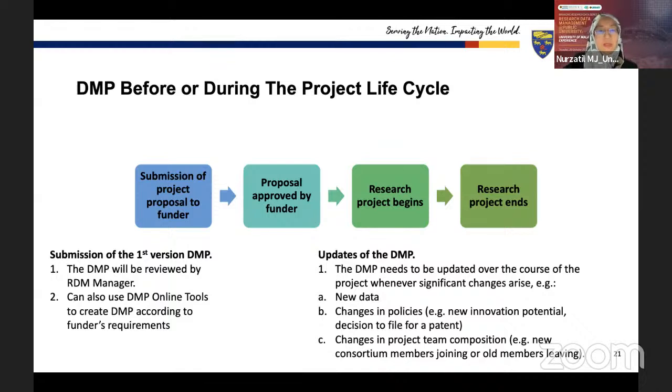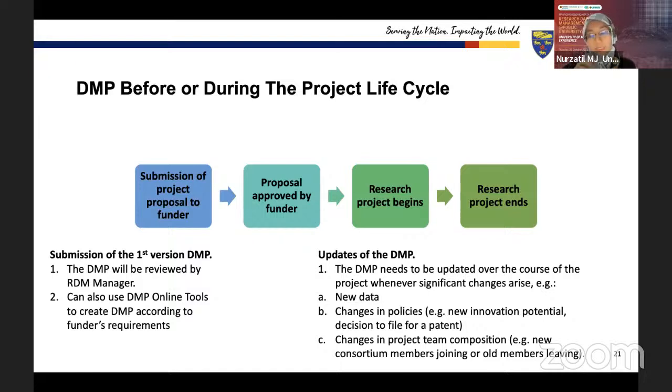Once it's approved by the funder and your project has started, that's where the DMP needs to be updated over time, especially when there are significant changes, like you have new data, or during the project you suddenly see the potential of the data to be commercialized, for example, and you want to file a patent.